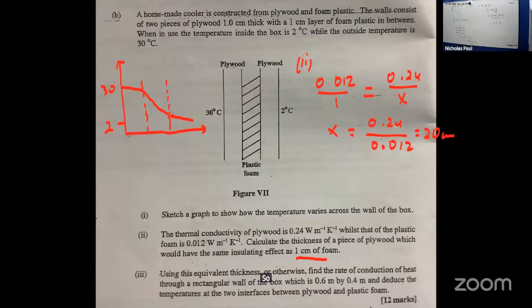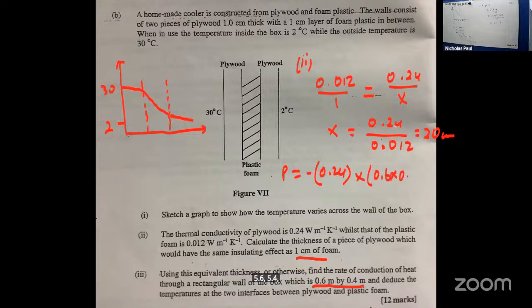So find the equivalent. I think they gave you the area somewhere, right? They gave you the area down there. So power is equal to K value, and we're using what? All plywood, right? 0.24. What's the area again? Right, 0.6 by 0.4.